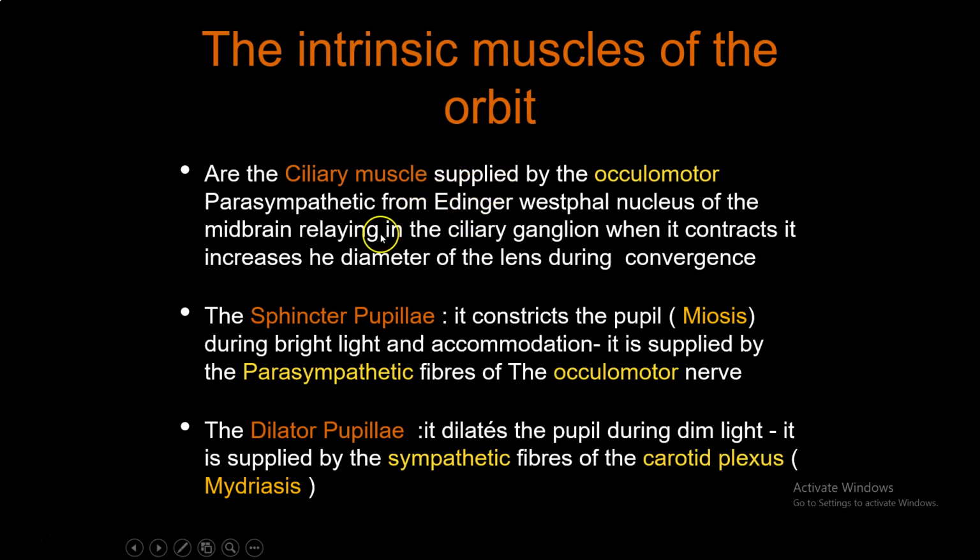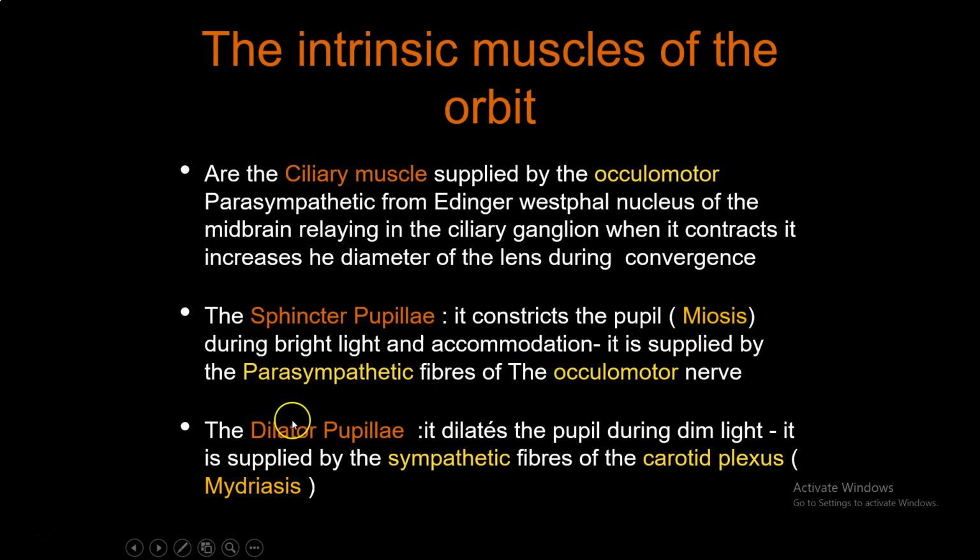The second muscle here is the sphincter pupillae, also supplied by the parasympathetic part of the oculomotor, and it constricts the pupil, resulting in meiosis during bright light and during accommodation. As we said, in accommodation, the medial nucleus of convergence converges the eyes, increases the diameter of the lens, and constricts the pupil, causing meiosis. It is supplied by the parasympathetic fibers of the oculomotor, and injury to the oculomotor causes mydriasis, a dilated fixed pupil.